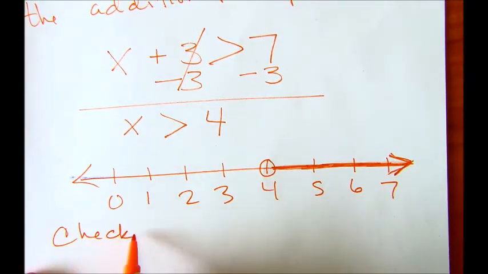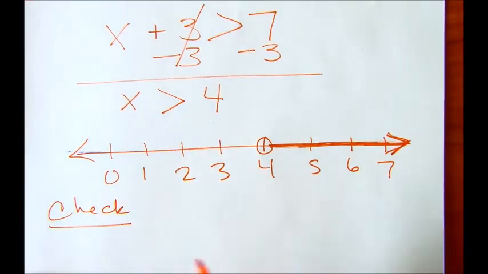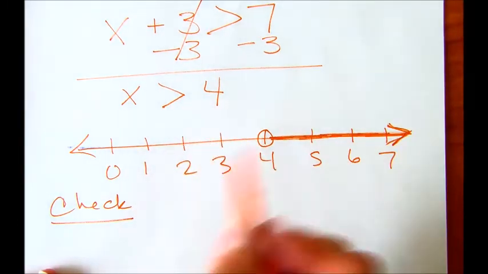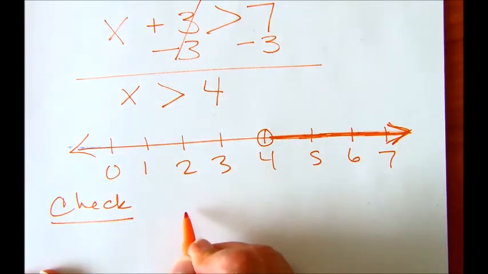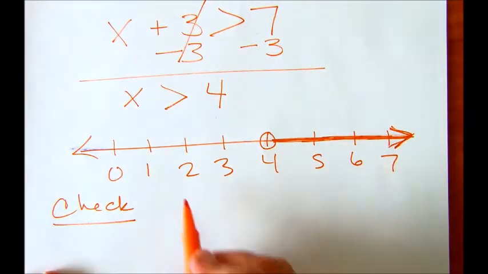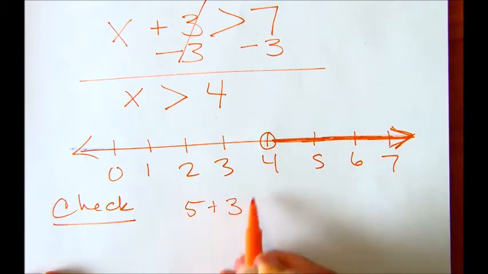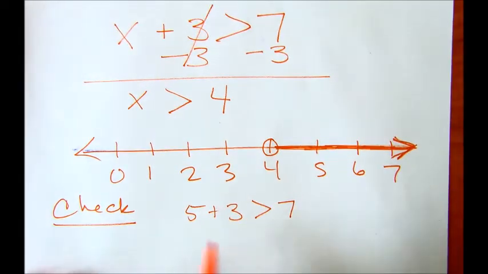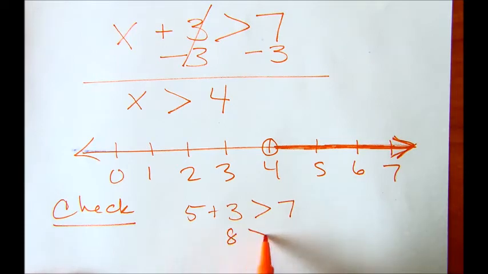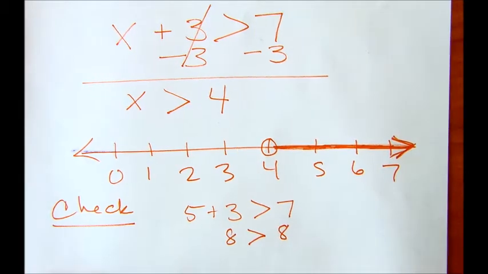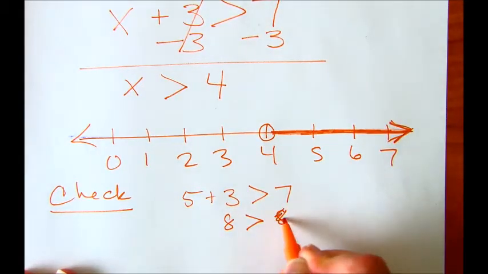Let's say I'm going to pick 5. 5 is larger than 4, so if I plug in the 5 instead of the x, I'm going to have 5 plus 3 is greater than 7. Well, 5 plus 3 is 8, and sure enough, 8 is greater than 7.